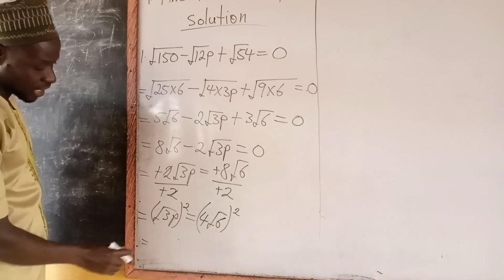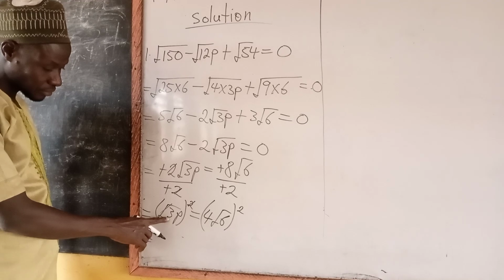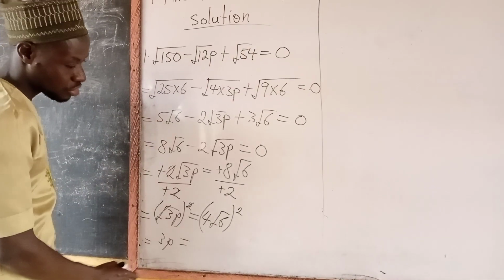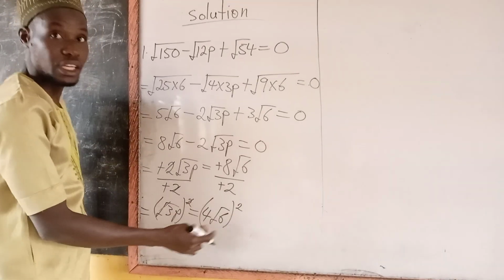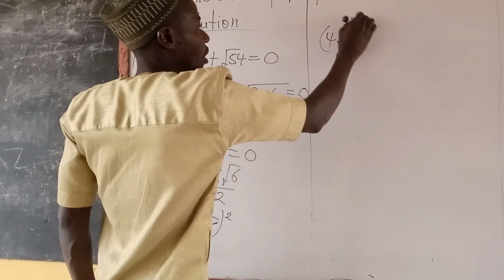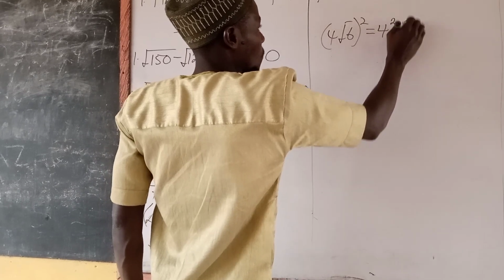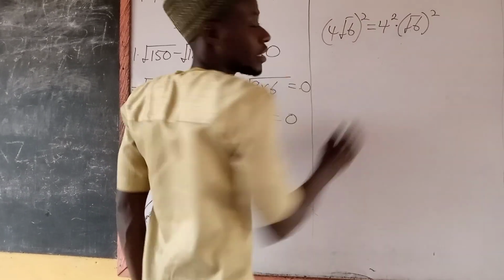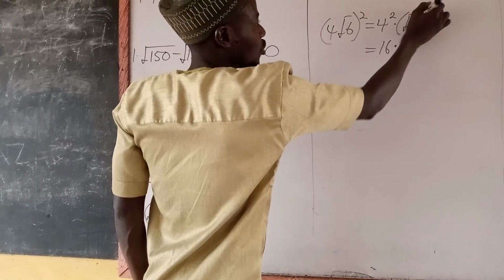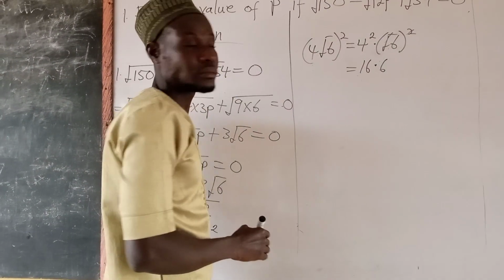Now, if you square both sides, the square here will clear off the square root here, leaving 3p. So we're going to have 3p is equal to 4 root 6 all squared. This is the same as 4 squared times root 6 squared. And so this will be 4 squared, 16, times, then the square will cancel the square root, leaving 6.